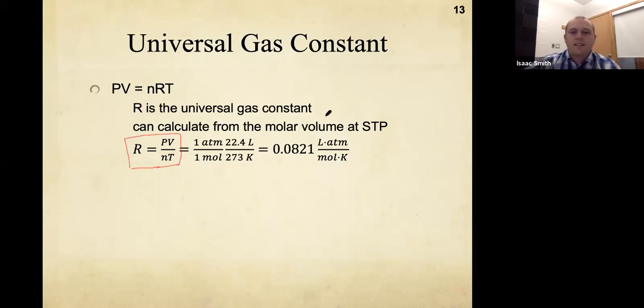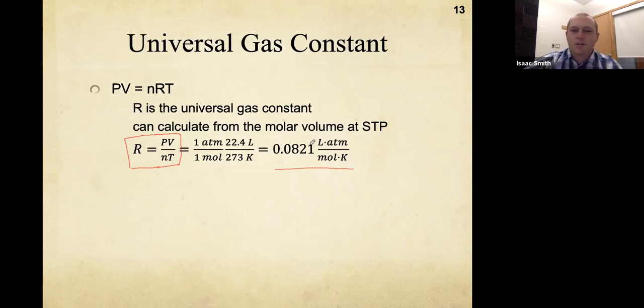Well, at standard temperature and pressure, we're at 1 atmosphere and 273 Kelvin. Also at standard temperature and pressure, 22.4 liters is occupied by 1 mole of gas. Because we know all these are true, plug in those numbers, we can solve for R.